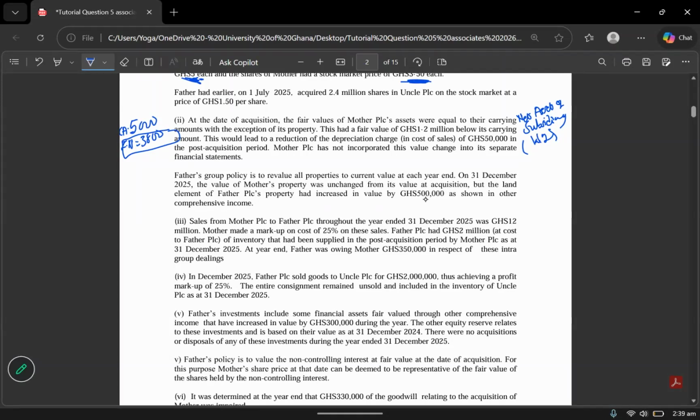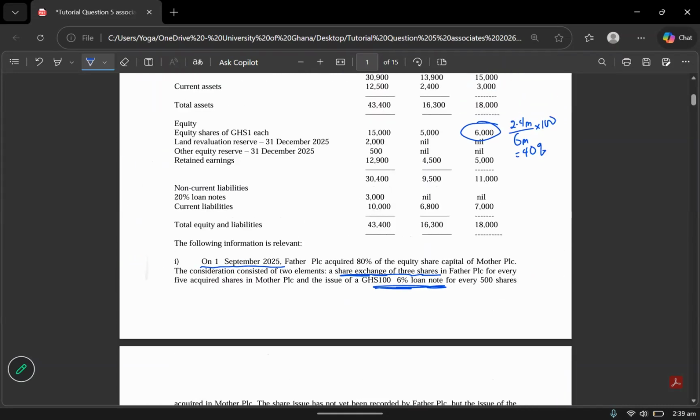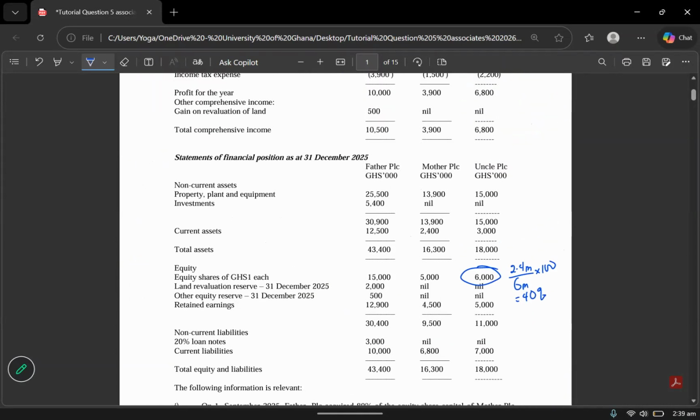So this 500 increment is in relation to Father PLC, as shown in other comprehensive income. So that's the 500 we saw earlier, the gain on revaluation of land.